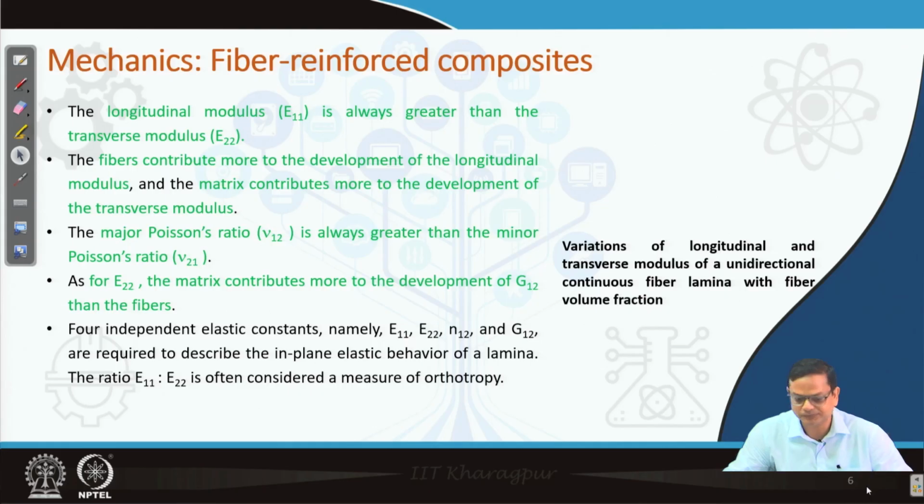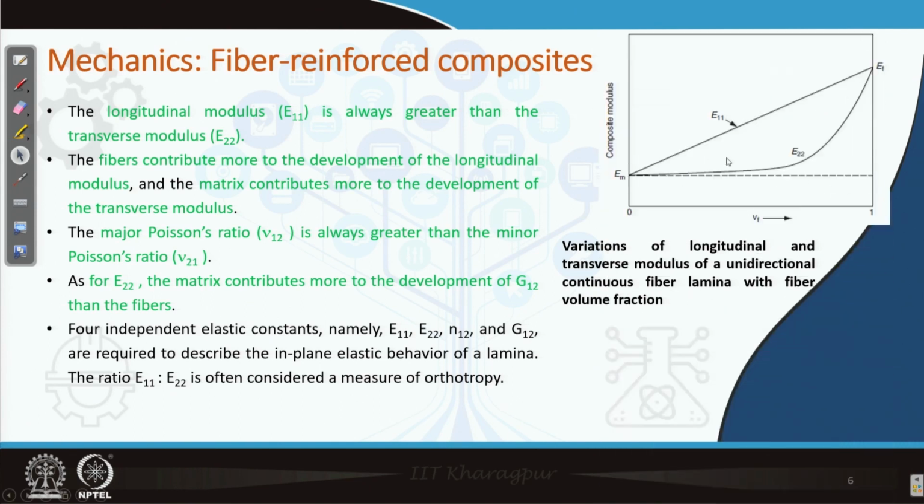So, let us see. You can see here how the graph of E11 and E22 looks, and as I was mentioning earlier, the longitudinal modulus is always greater than the transverse modulus, and the fiber contributes more to the development of the longitudinal modulus, and the matrix contributes more to the development of the transverse modulus.